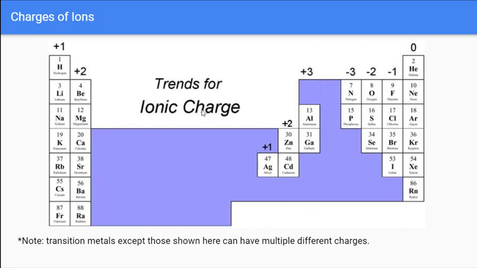They can form ions with different charges. The exceptions to that rule are silver, cadmium, and zinc. And so we have those charges right here. Zinc and cadmium will always form an ion with a +2 charge. Silver will always form an ion with a +1 charge. Otherwise, you will need to use clues from other parts of the ionic formulas given to decide what the charge is for the metal cation.